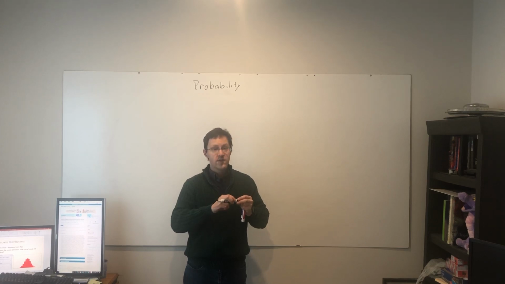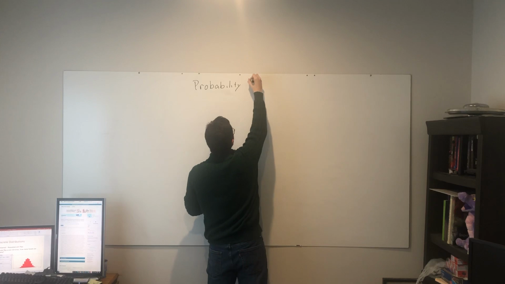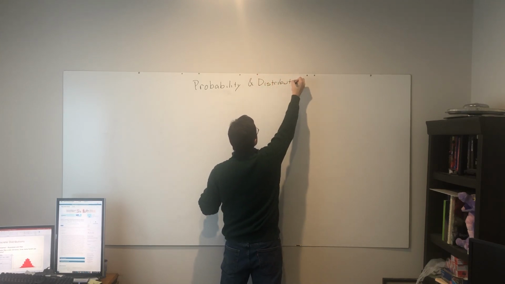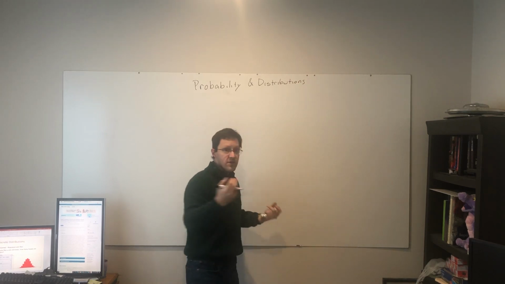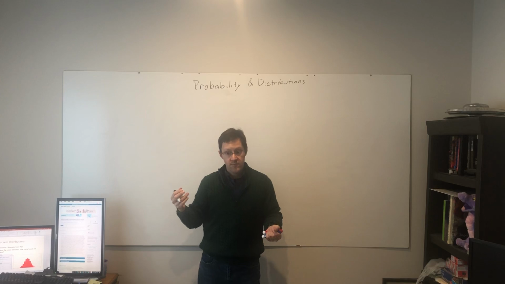We are now continuing the probability portion by looking at distributions, which I said will come back. This is distributions part 2, as it were, probability and distributions.